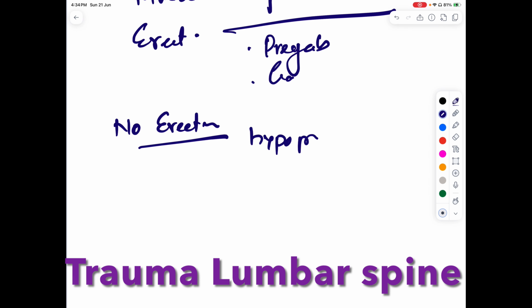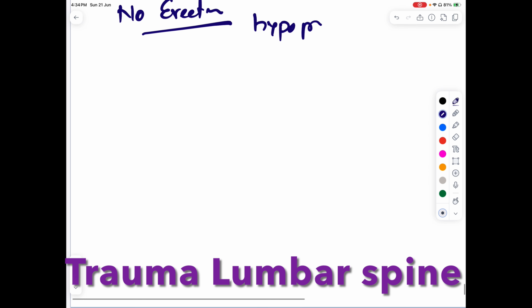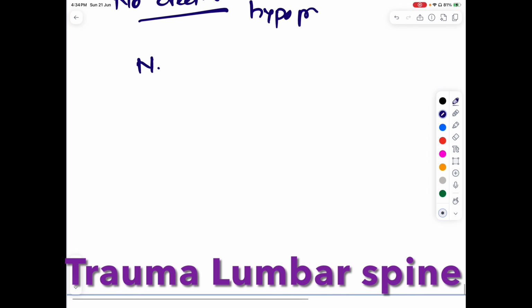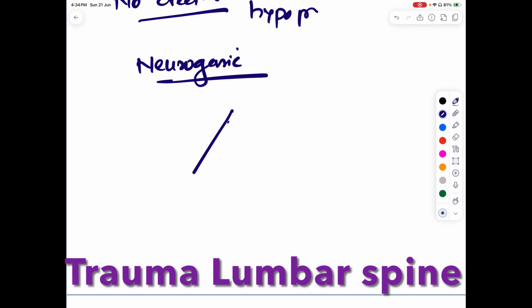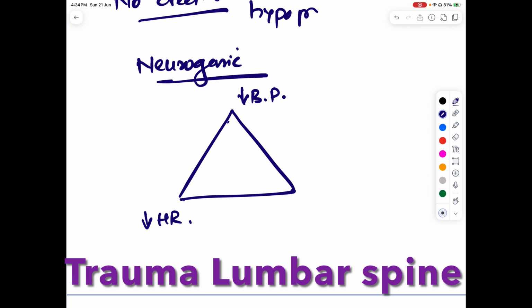How to know the patient is having neurogenic shock? What are the signs of neurogenic shock? It has again a triad which involves low BP, low heart rate, and decreased temperature.